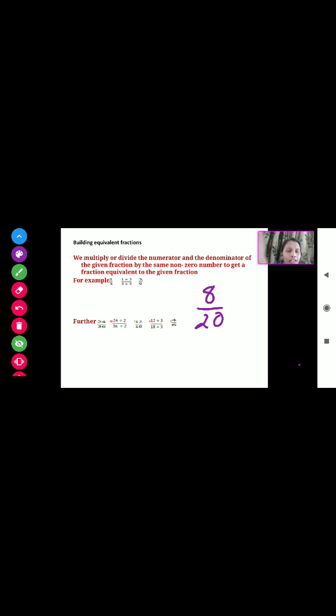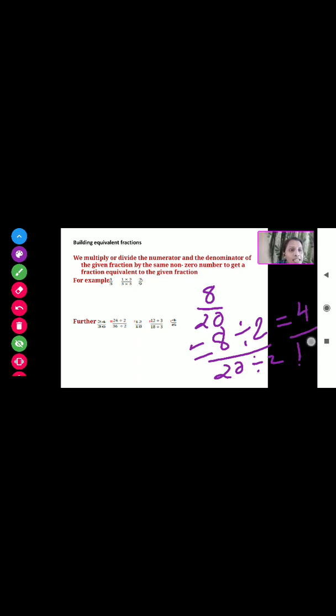So here you can see we can divide it by 2. 8 is divisible by 2 and 20 is also divisible by 2. So what will be the answer? 8 divided by 2, the answer will be 4, and 20 divided by 2, the answer will be 10. So 4 by 10 is an equivalent fraction of 8 by 20. We can do one more thing also.